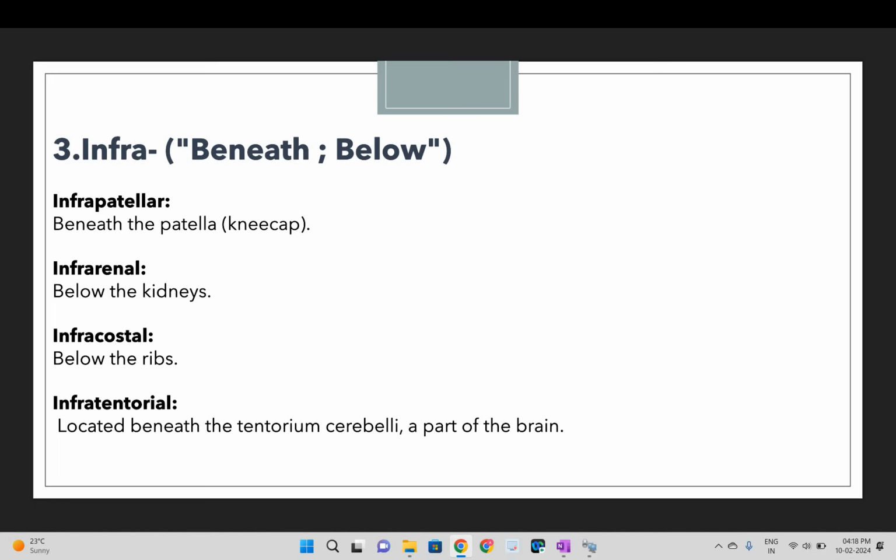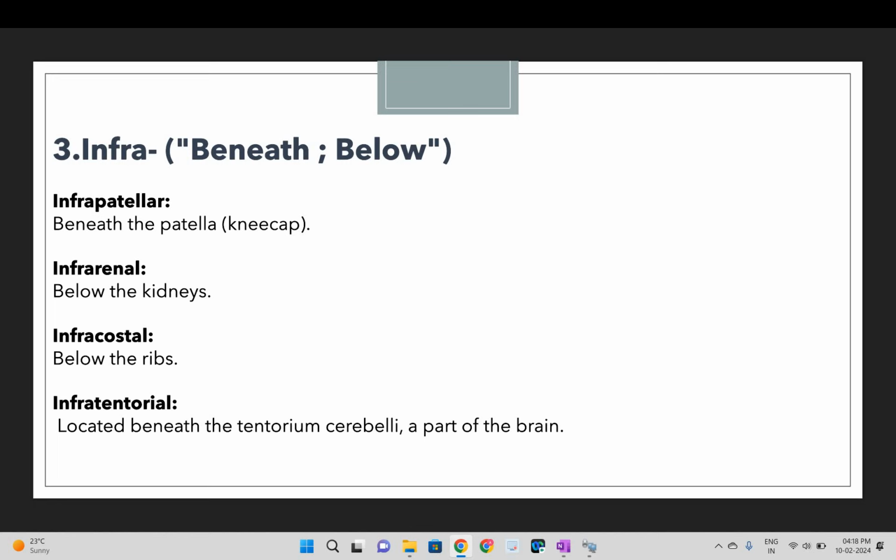Infratentorial is mainly used in order to showcase or locate something beneath the tentorium cerebelli. Okay, so this is all about the infra prefix, which showcases something below and beneath. Both are the same.